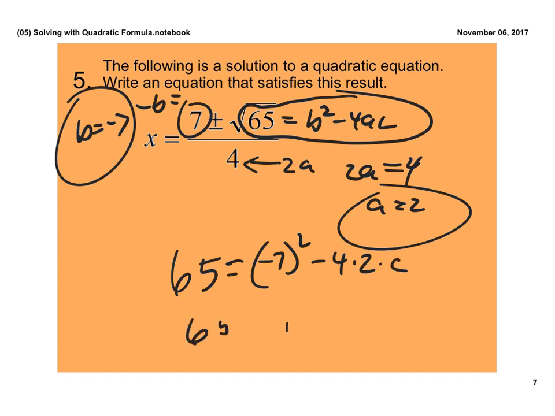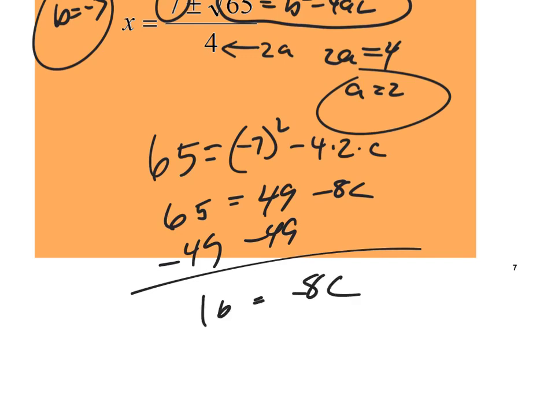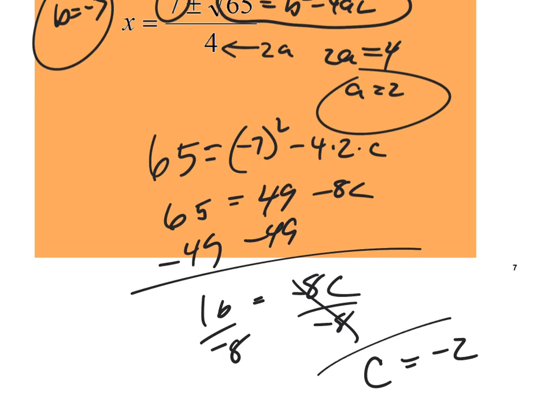And then I get 65 equals 49 minus 8c. Subtract 49. Equals negative 8c. Divide by negative 8. I think it's c equals negative 2. Can anybody verify that? All right, awesome.